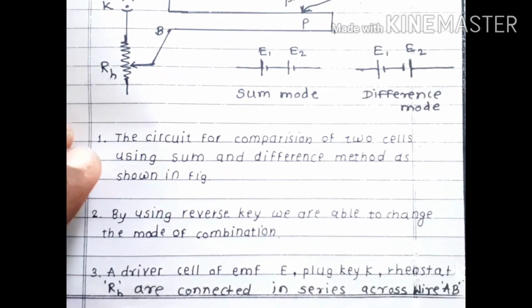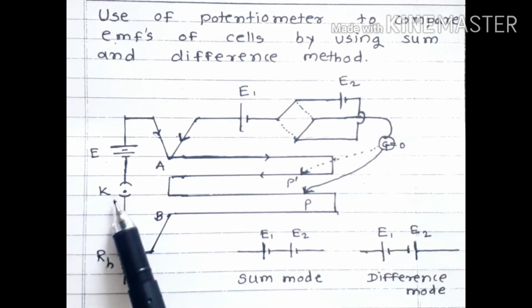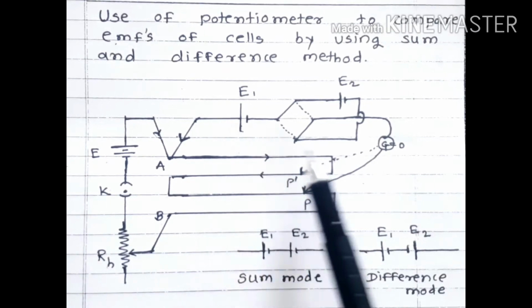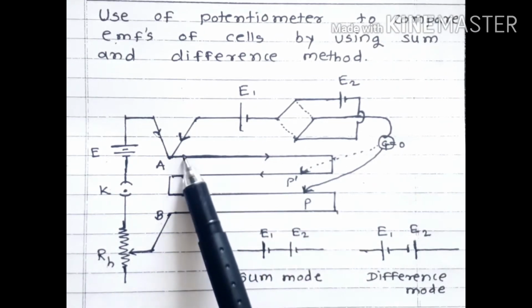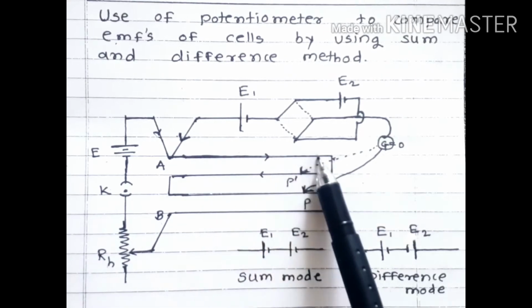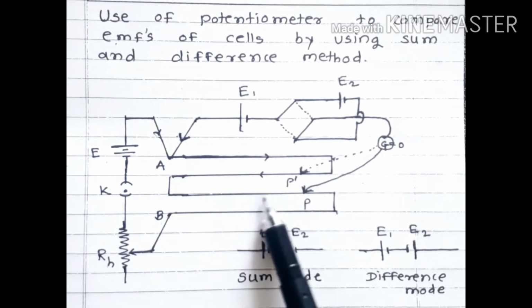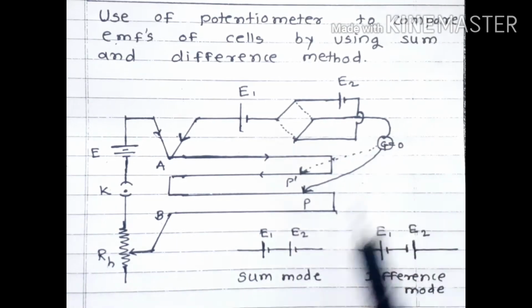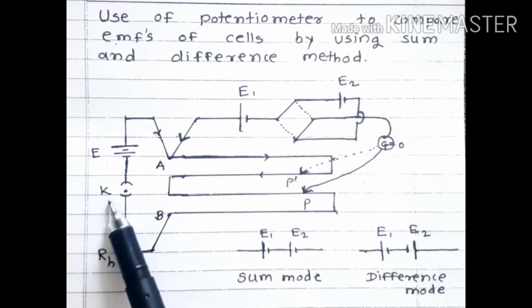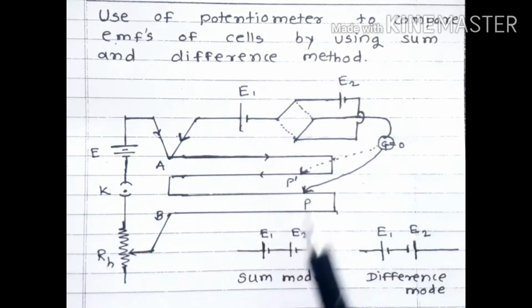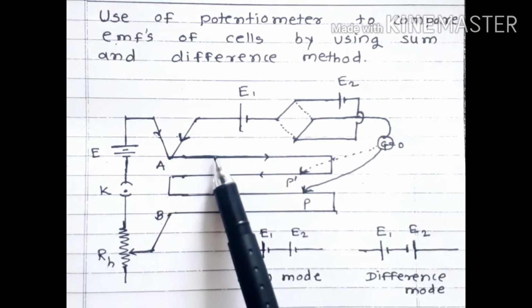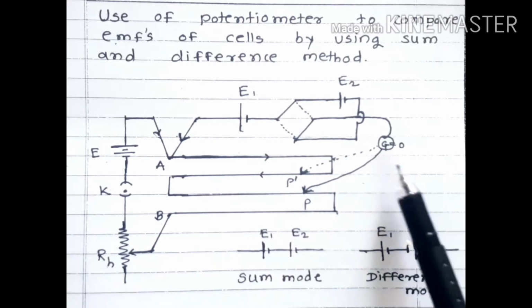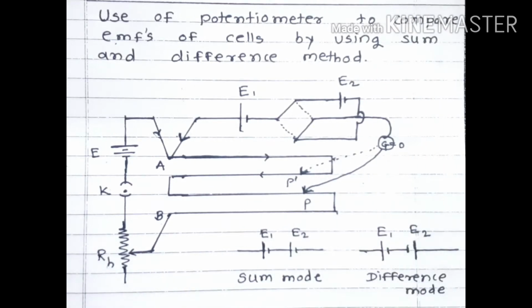Now let us see the working. First of all, close the plug K and connect the given cells in sum mode. By touching the jockey at various points on the potentiometer wire, you obtain the point P at which the galvanometer shows zero deflection.